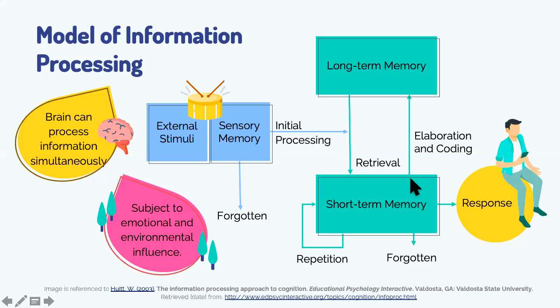Once certain information is apprehended, the brain will be able to code and elaborate that piece of information and store it in long-term memory. So this is a generic model explaining information processing through our senses, and towards the end, how the information is stored in the long-term memory.